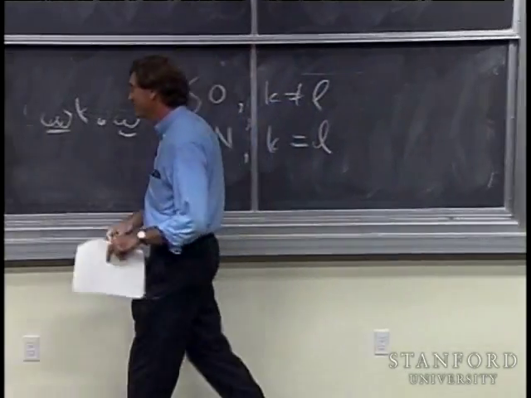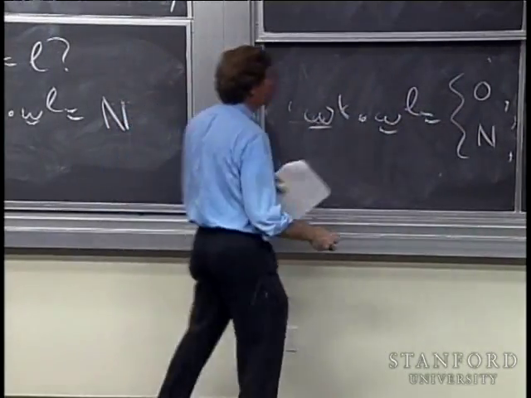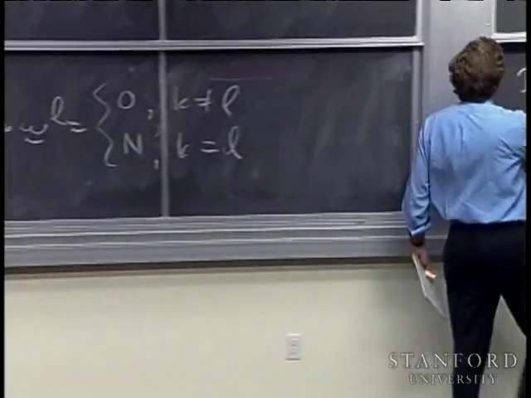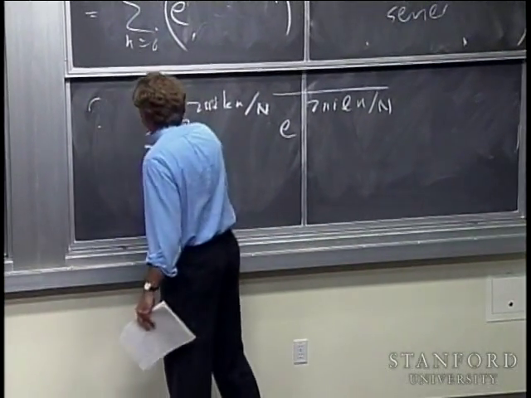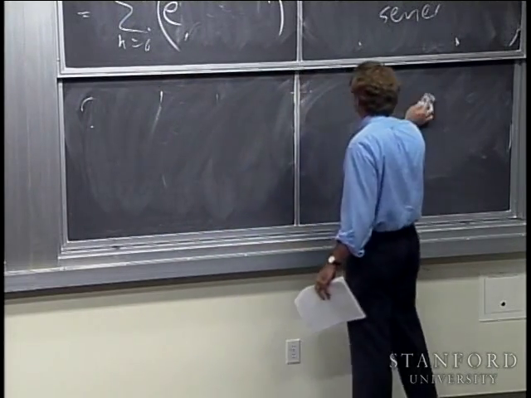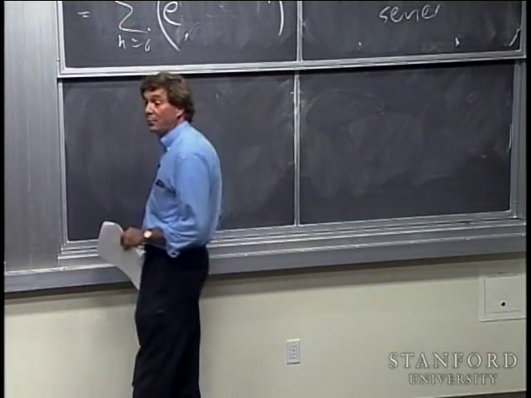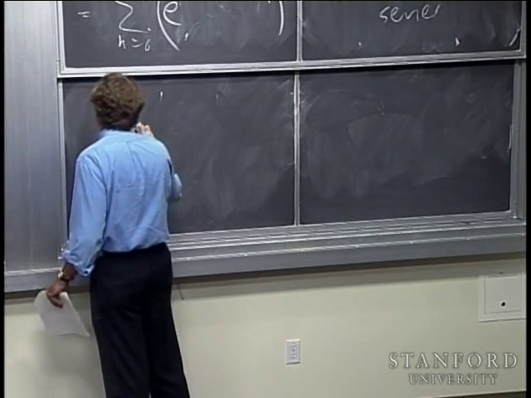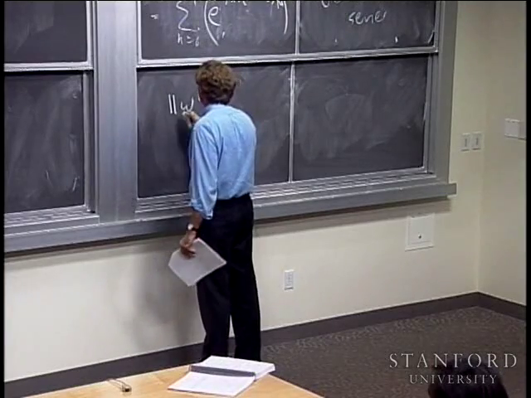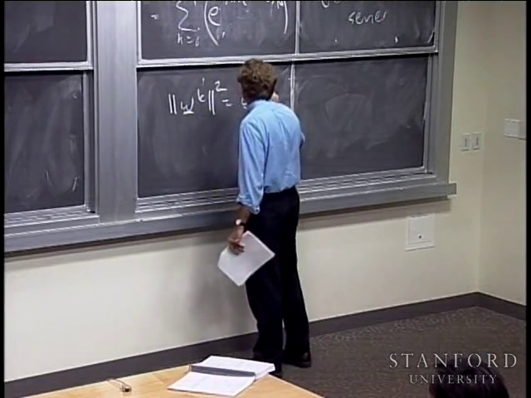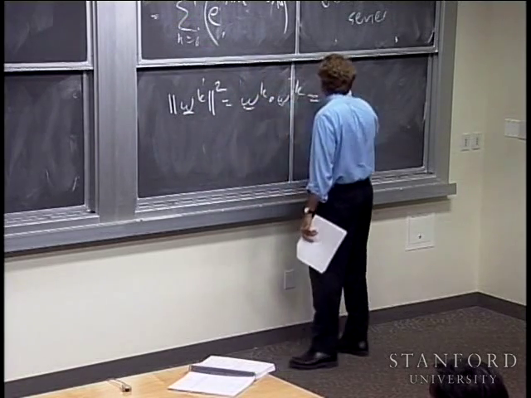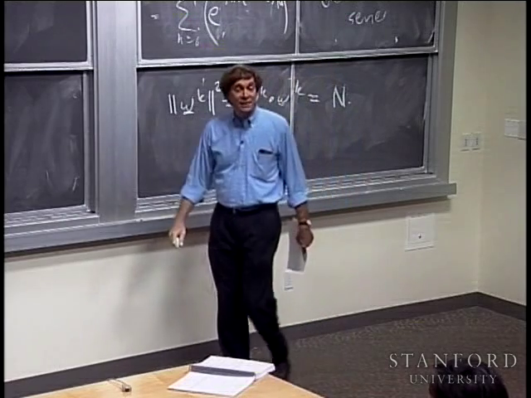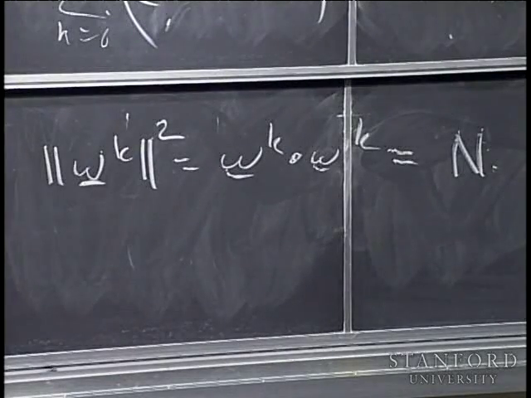To put this another way, the norm of this discrete complex exponential is the inner product of the vector with itself. So the norm of omega to the k squared is omega to the k dot omega to the k, and that's equal to n. So the length squared is n. The length is equal to the square root of n.